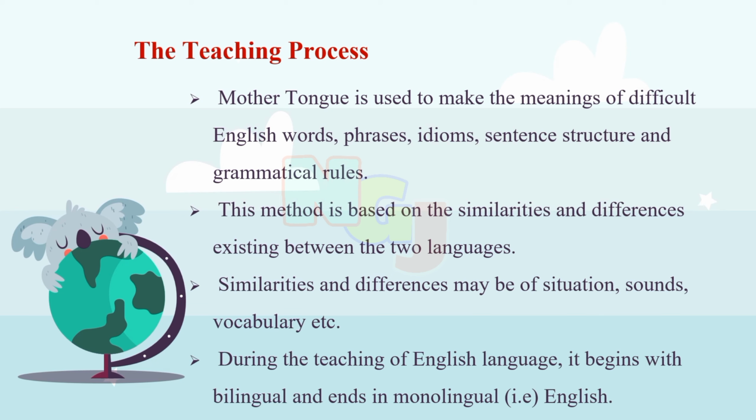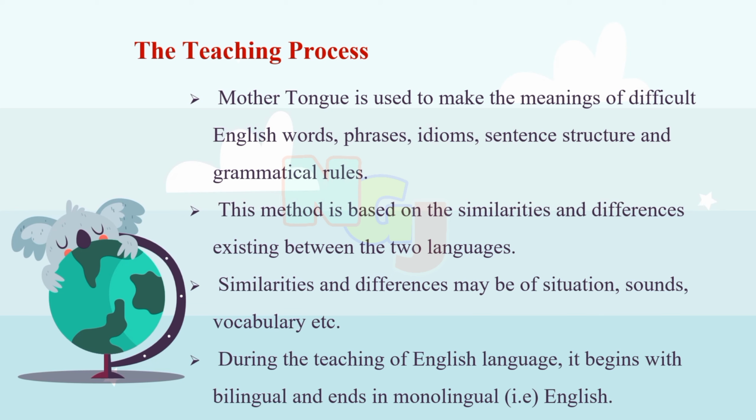And then this method is based on the similarities and differences existing between the two languages. The two languages are mother tongue and English language. So here the teacher tries to bring about the similarities and the differences between the two languages while teaching. Similarities and differences may be of situation, sounds, vocabulary, etc. And during the teaching of English language, it begins with bilingual and ends in monolingual, that is English.